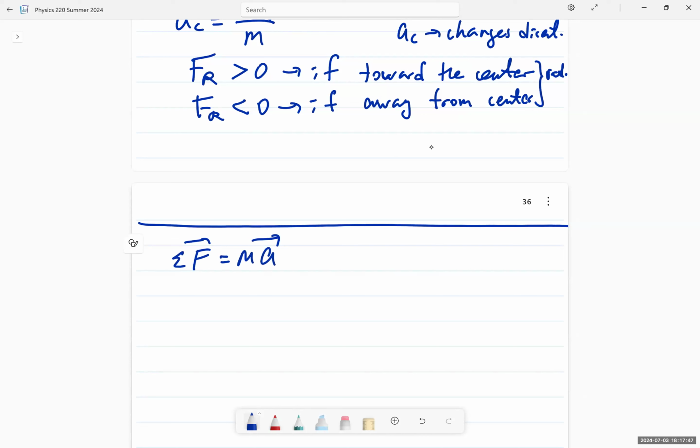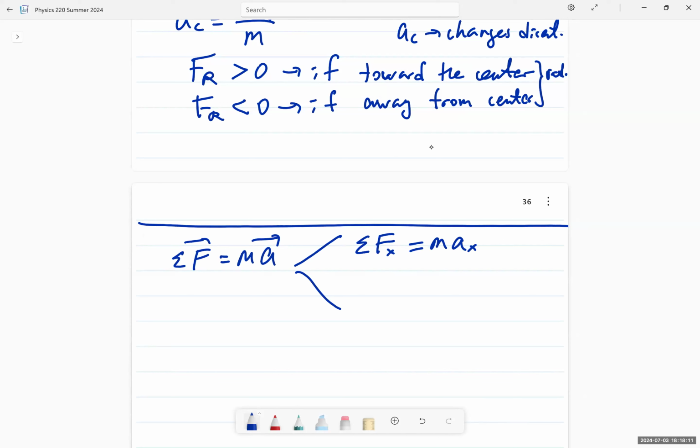Obviously, we can break it down into net force in the x direction, meaning the horizontal component of the net force, which can be calculated by adding all the horizontal forces. This is going to give you m a, where this is purely horizontal acceleration.